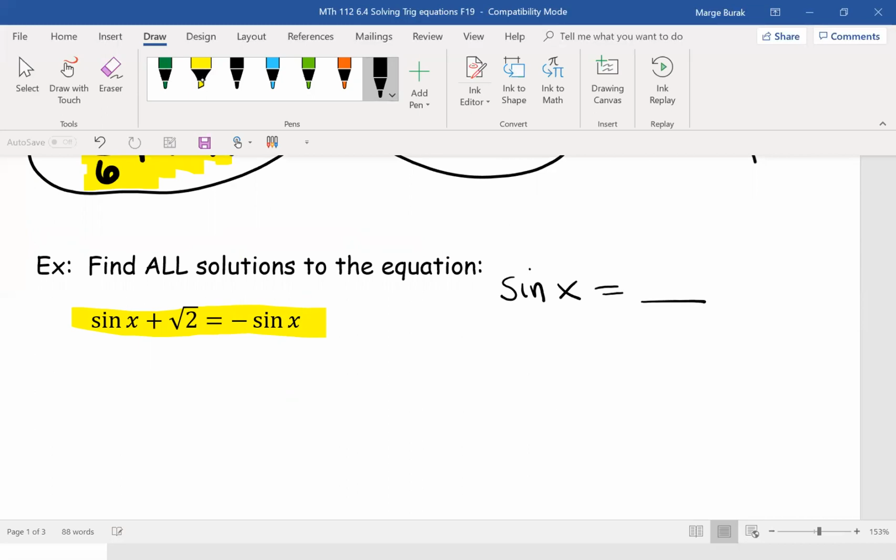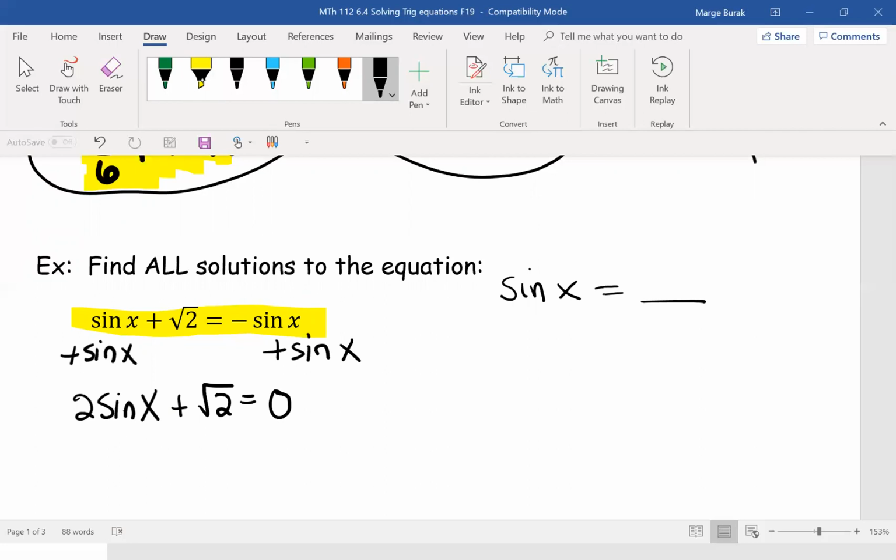But first of all, I need to combine them, just like if they were x's. So I'm going to add sine of x to both sides. So I'll get 2 sine of x. I wish I wouldn't use x in these cases. Often we prefer to use theta for angles, but that's the way it goes. Plus radical 2 equals 0.